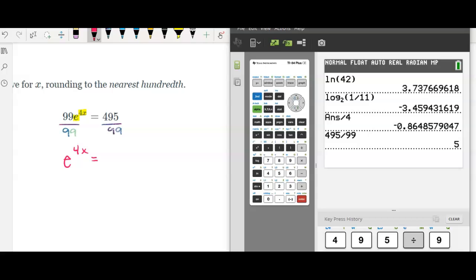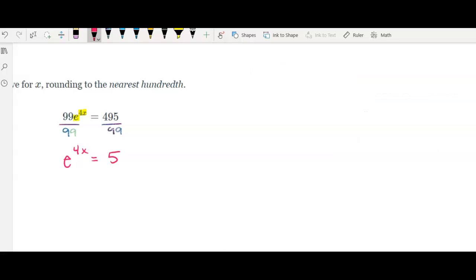And that was equal to 5. Now e to the 4x is by itself, and I'm going to switch it to log form. So log base e of 5 equals 4x.